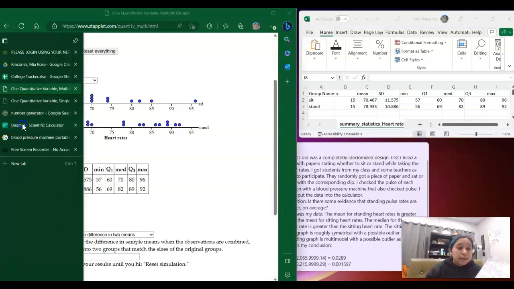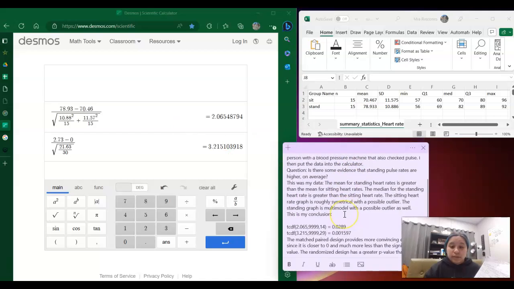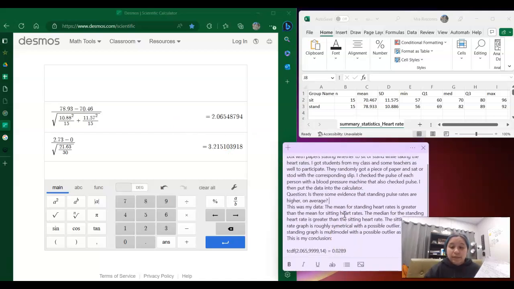What that looks like is this top equation right here, which gives us 2.06, and we find our p-value, which we would put in the calculator, is going to be 0.0289.